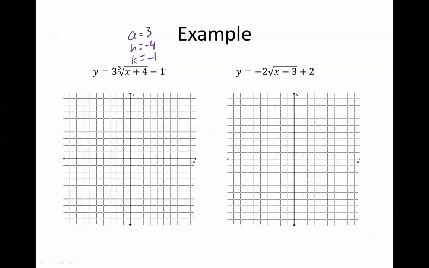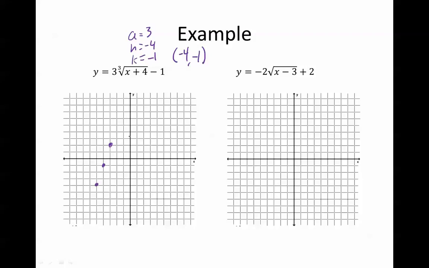And my k value is -1. Now, this tells me that I need to shift to this point, -4, -1, and start my graph there. So instead of at the origin, I'm shifting left 4 and down 1. And now I'm using my dilation of 3 to go right 1 up 3 and left 1 down 3.